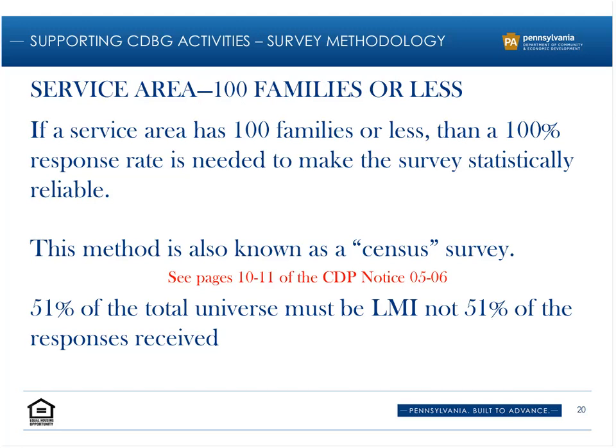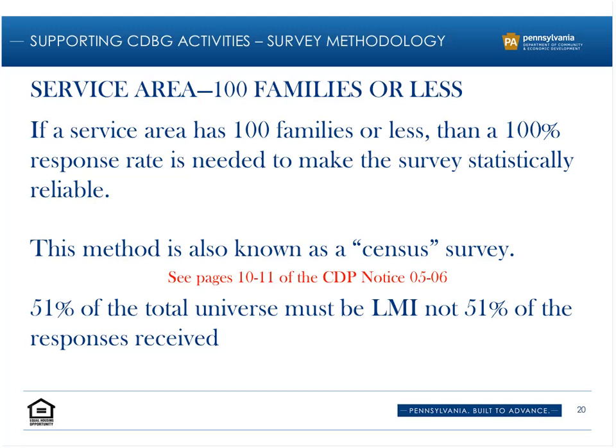And what HUD also says is that it is 51% of the total universe that must be LMI, not 51% of your responses, especially if you have less responses than 100%. As I said, I don't want to get into explaining it because if you read pages 10 and 11 of the CPD Notice 05-06, it is very clear what they're getting at, only when you're doing census surveys, going after 100%.